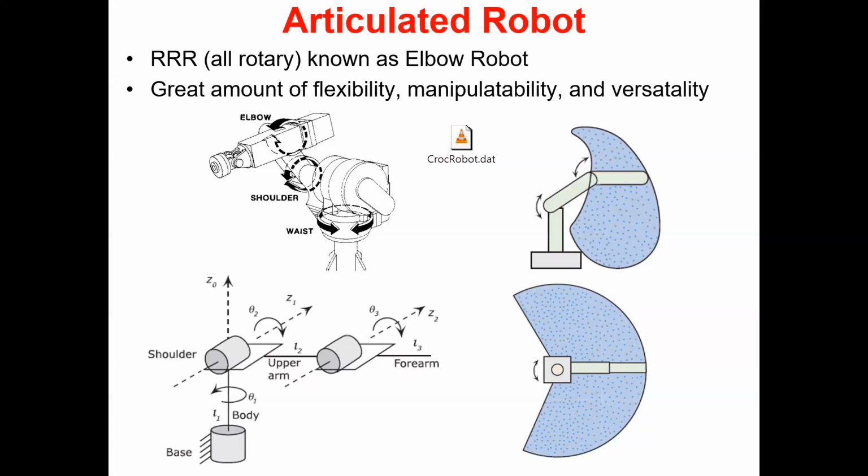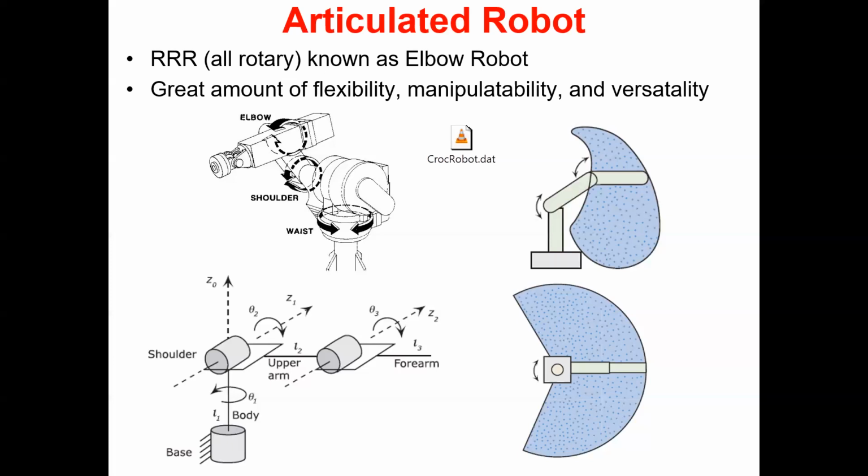Because our human hand has so many joints. So when you have so many joints, you have this ability to combine these joints in a different way in order to reach the same point, but with different orientations. Yeah, that's a good answer.